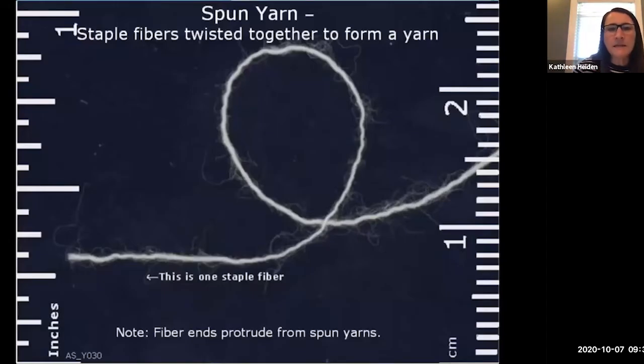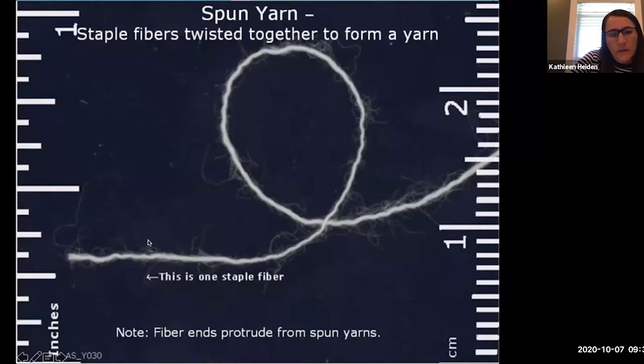So this is a spun yarn that is a simple yarn. If you look at this, you can see all of the little fibers that are protruding out of the yarn, and those are called the fiber ends. That's where the staple fiber ends, and as it's being put together as a yarn, those little ends aren't caught in the yarn, and so they make the fiber ends that stick off.